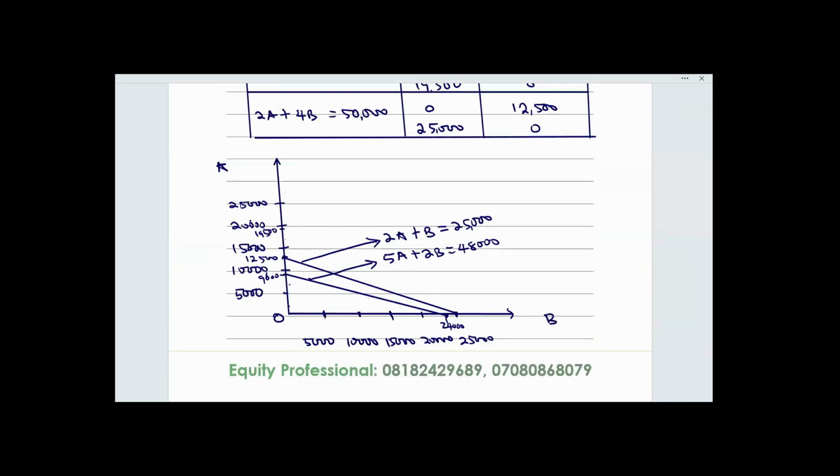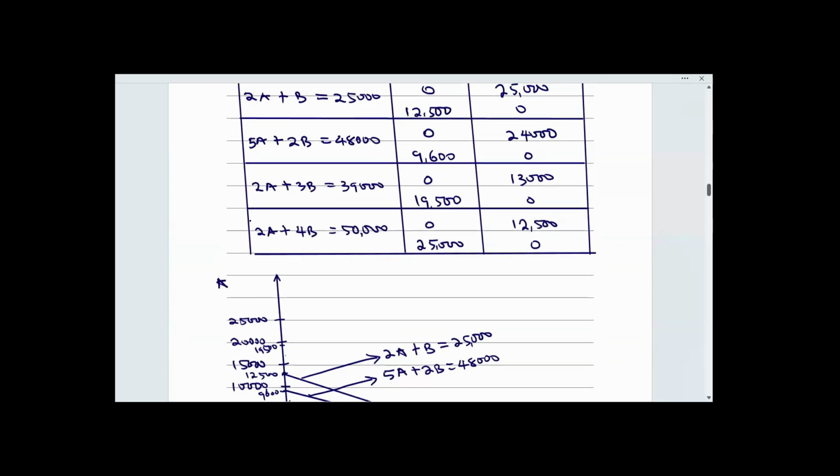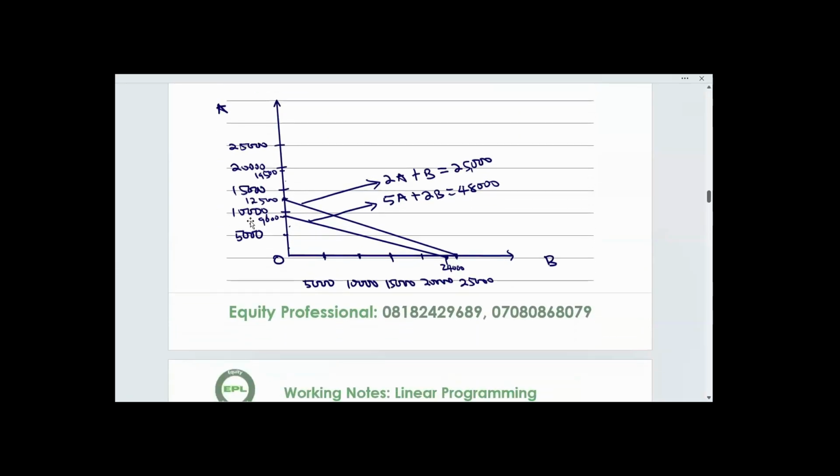Then for B, B is 13,000. 13,000 is almost in between 10,000 and 15,000. So let's say 13,000 is somewhere here. Let me push it a little bit to the front. So you are going to plot 19,500 against 13,000.